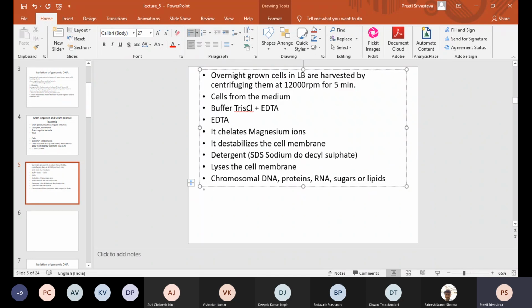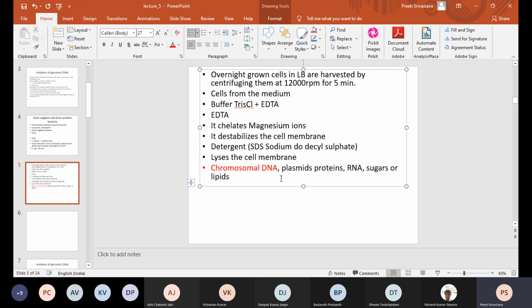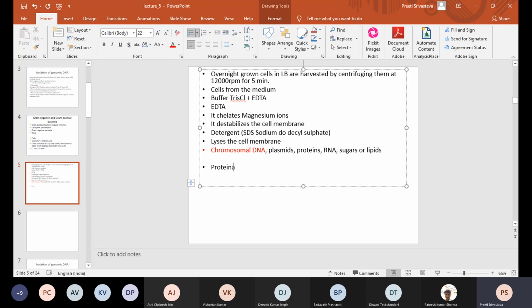But we are interested only in the chromosomal DNA, because our purpose is to isolate the chromosomal DNA. Sometimes there are some cells which can contain plasmids as well. So in this case, how to separate all of these? What we use, class, is an enzyme called proteinase K, and this proteinase K can actually degrade proteins.